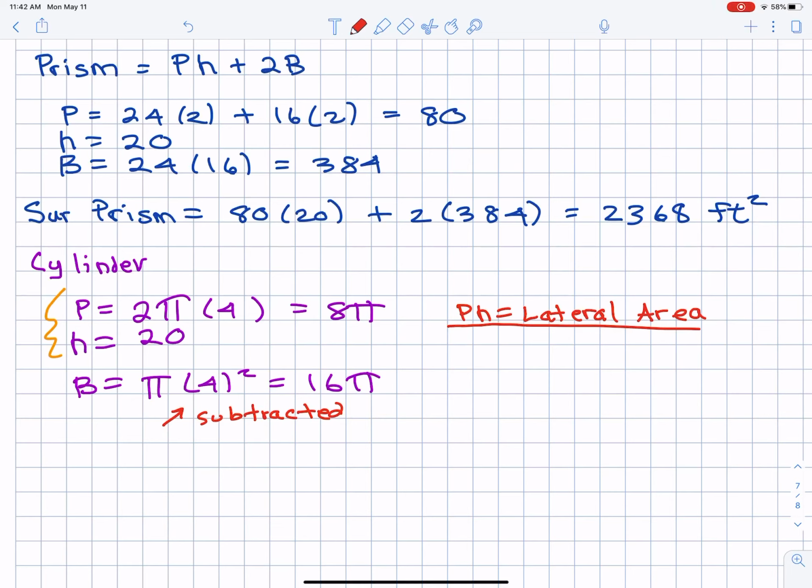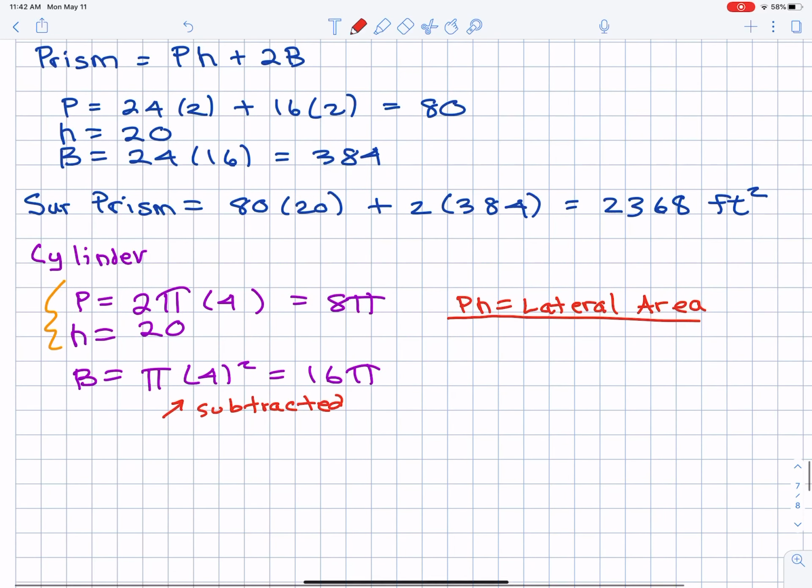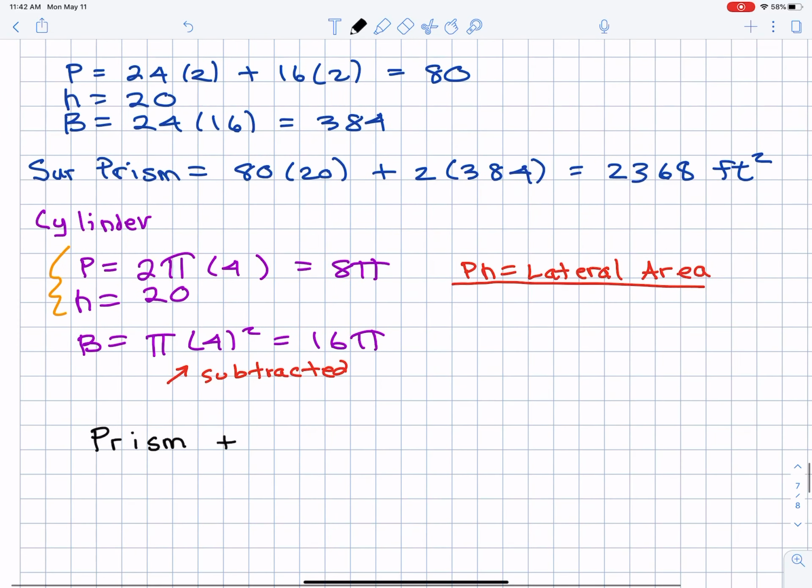So let's go and put it together. First, let's take our prism. Remember how we did this. Let's set this up again. I'm going to say surface area prism. If you don't mind, I'm going to call it prism for short. So prism plus, now remember we're talking about the lateral area of the cylinder. So I'm going to say lateral area of cylinder minus the two bases.